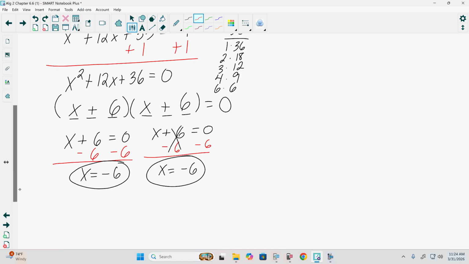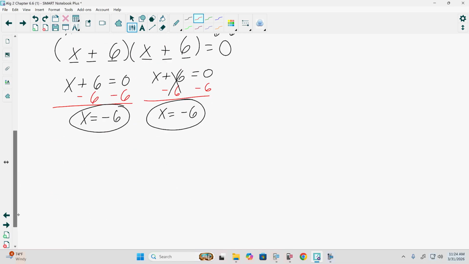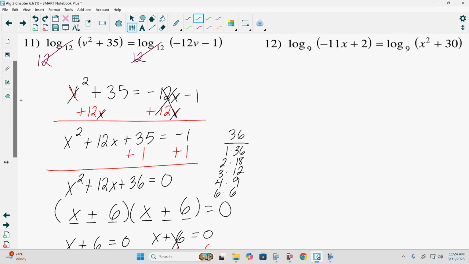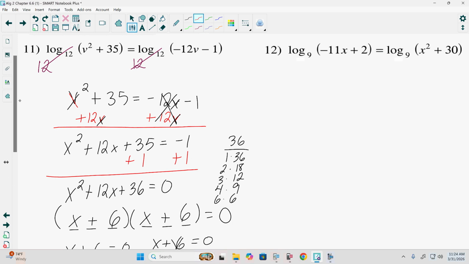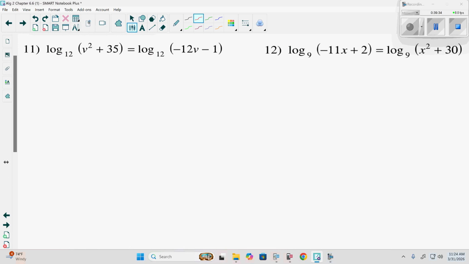Now, I did say that what's inside the logarithm cannot be negative or 0, yes? But here we got x to be negative 6. So if we plugged it back in, log base 12 of negative 6 squared plus 35.